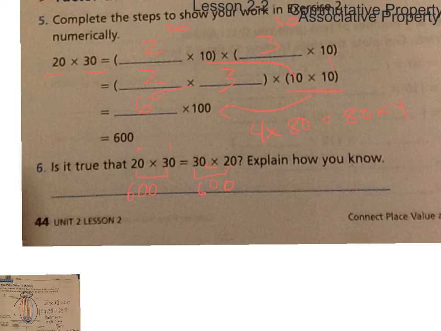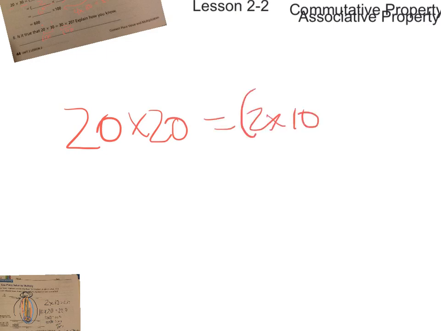Okay, so one quick thing I want to do for you, and I want you to tell me if this is right or wrong. I'm going to push this out of the way. I'm going to write a little problem down here, and I want you to tell me if it's correct or not. So 20 times 20 equals 2 times 10 plus 2 times 10. Okay?